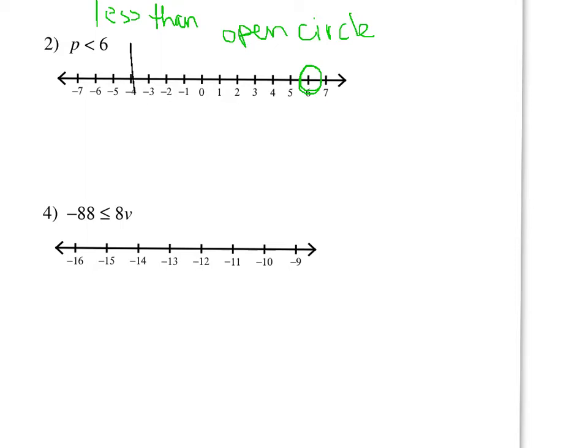I only want to include the numbers that are smaller. So since the P is on the small side of the arrow, we're going to say smaller. So where are the numbers smaller than 6? Well, they're smaller than 6 on the left. So I'm going to shade, shade, shade all the way to the left. And then you're going to go ahead and color in the arrow part also. So shade to the left, color in the arrow, and that's your answer.